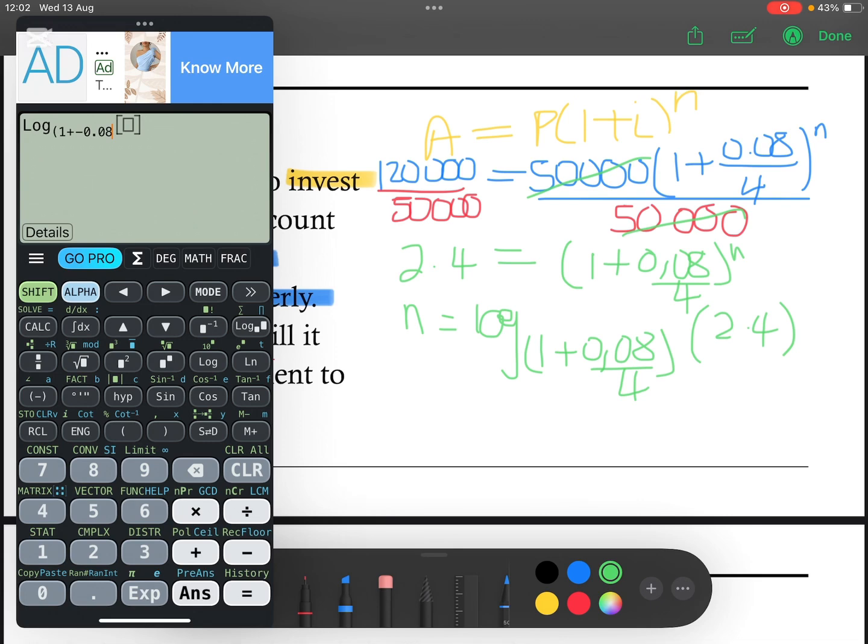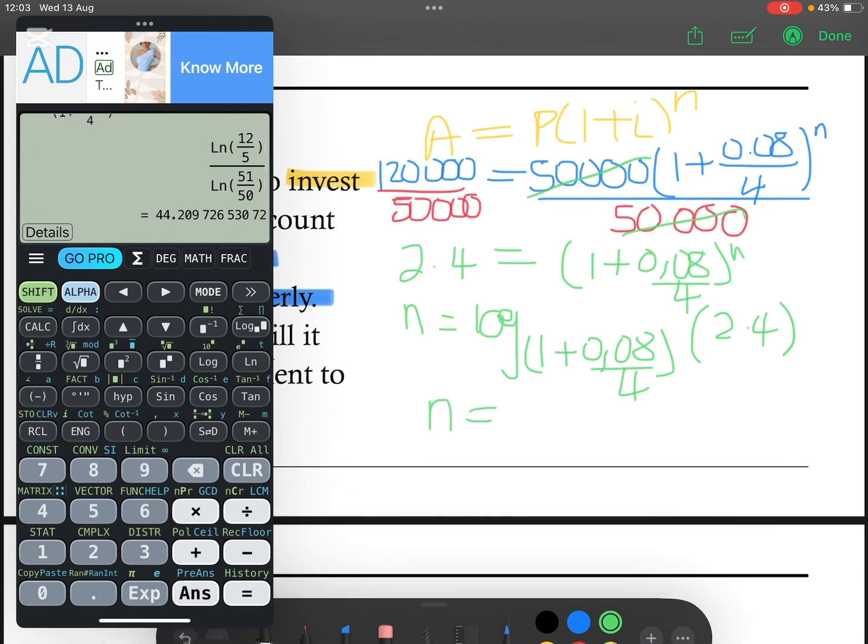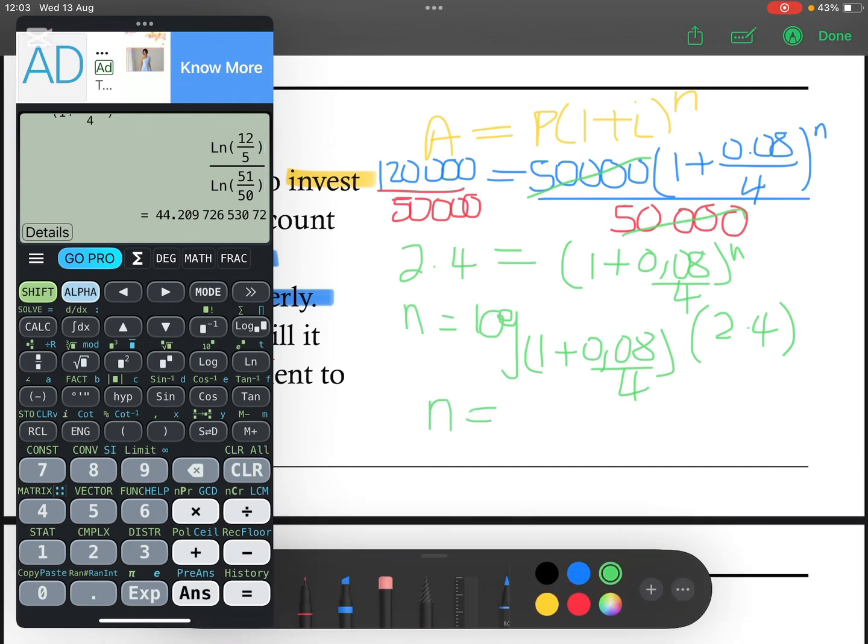So we have 1 plus 0.08 divided by 4. It's compounded quarterly. Therefore, that's why we're dividing the interest rate by 4. And then you have 2.4. And then let's see what you get. Then your n will be 44.21.